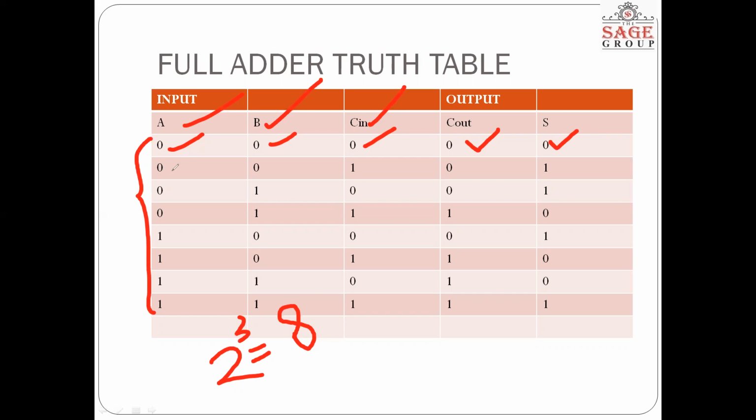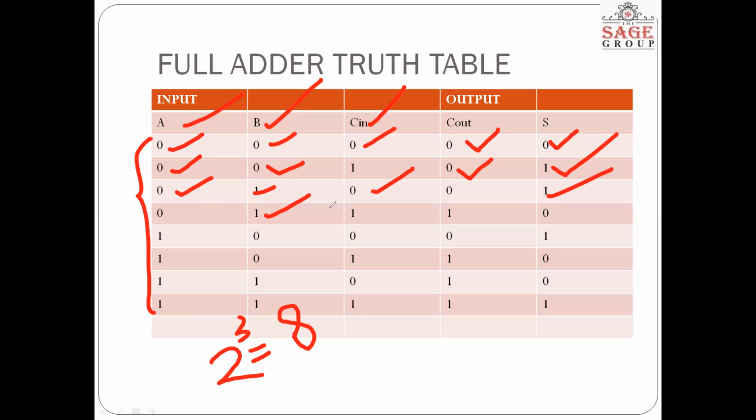When we take inputs 0, again 0, and C in is 1, right? So carry output is 0, but sum is 1. Sum means addition, right? So 0 plus 1 is equal to 1. And here again, 0, 1, and 0, so the output is 1, right?